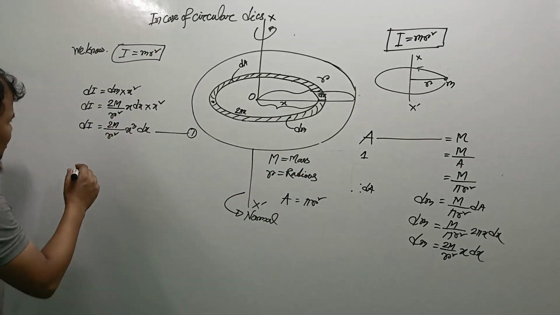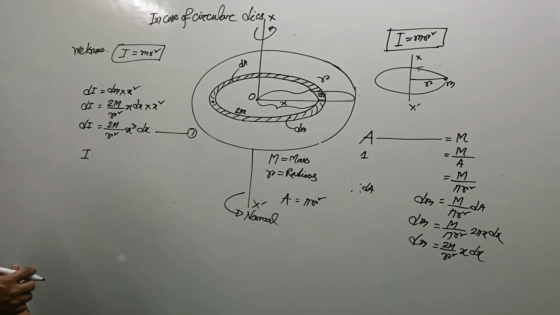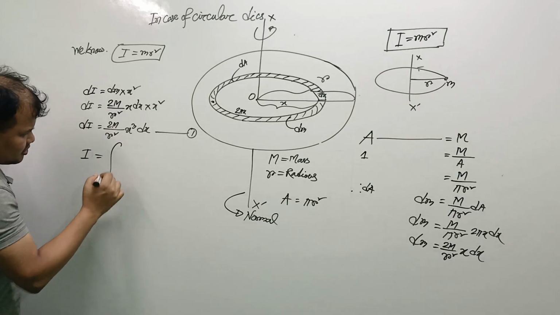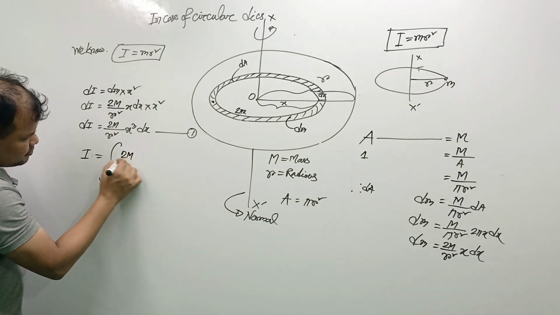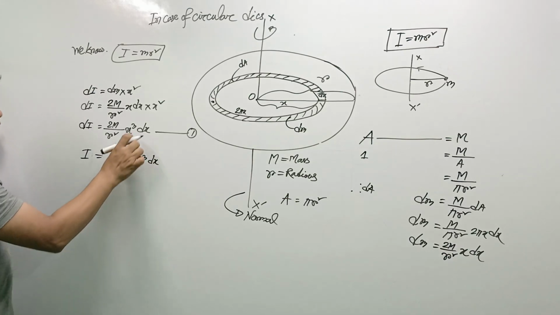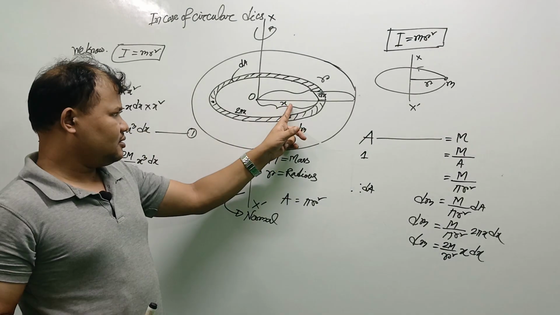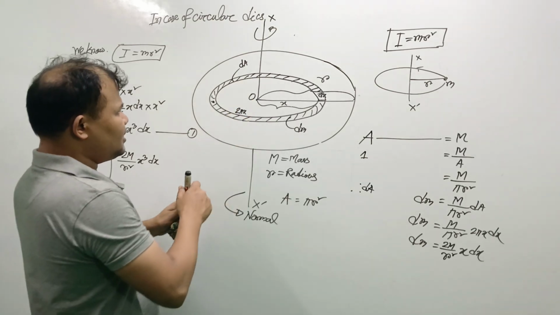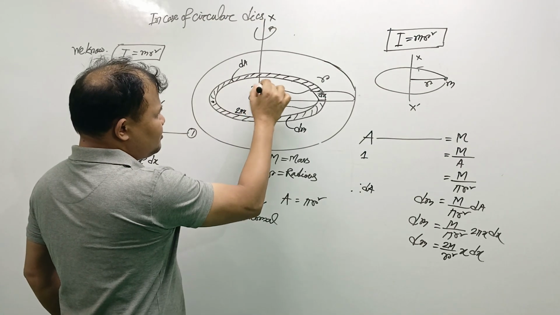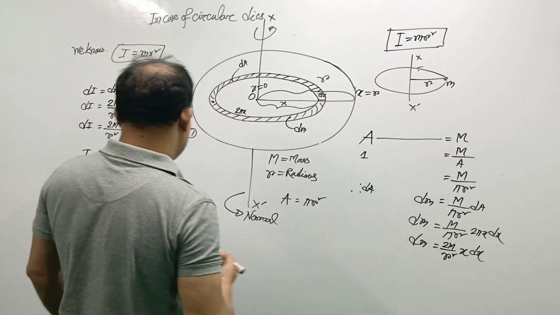Now we write I to mean the total moment of inertia for the full circular disc. Now we integrate 2m divided by r square, x cube dx. The lower limit of x is 0 and the upper limit of x is exactly equal to r.